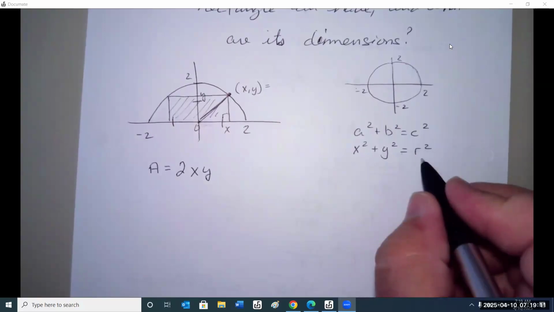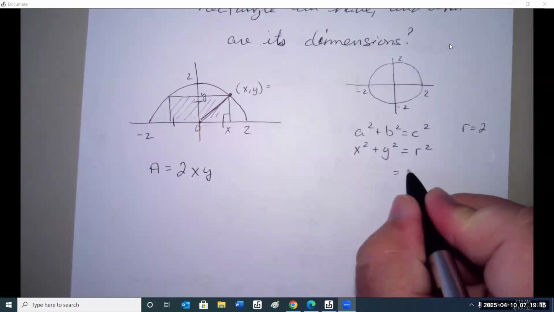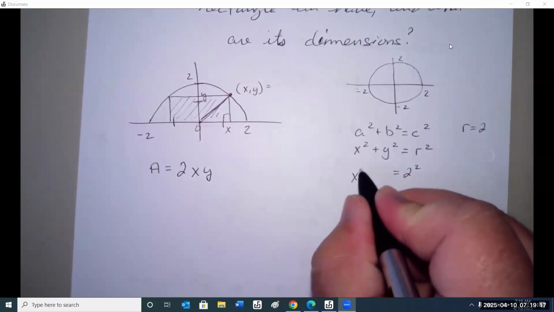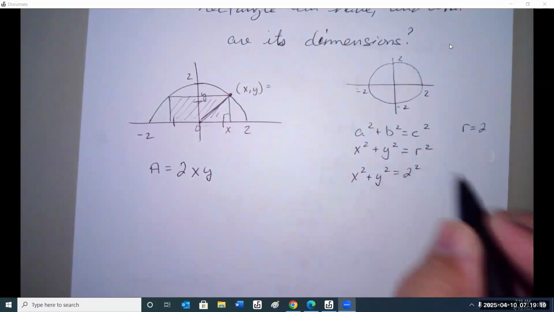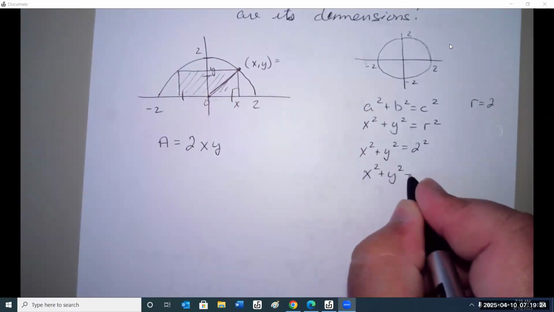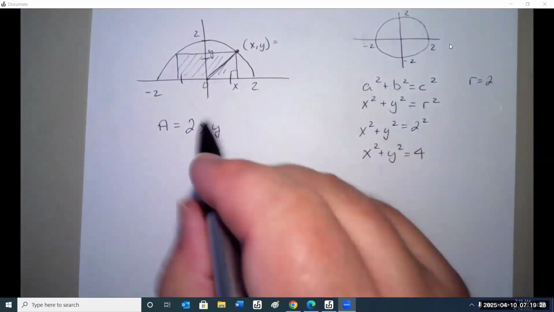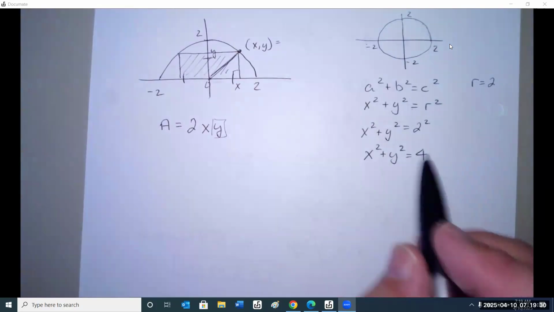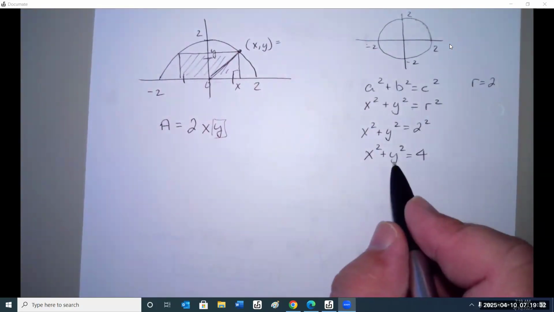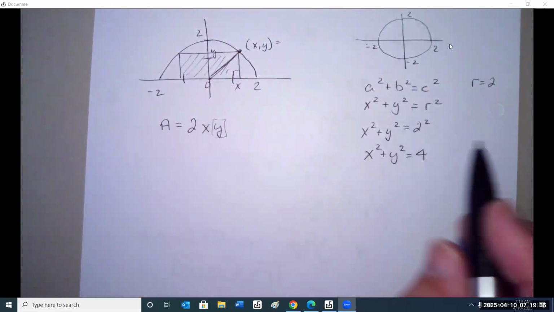The only thing we know so far is the radius is 2. So we have x squared plus y squared equals 4. We don't know what y is, so we need to find the equation of y with respect to x, because we can only have one variable inside here.